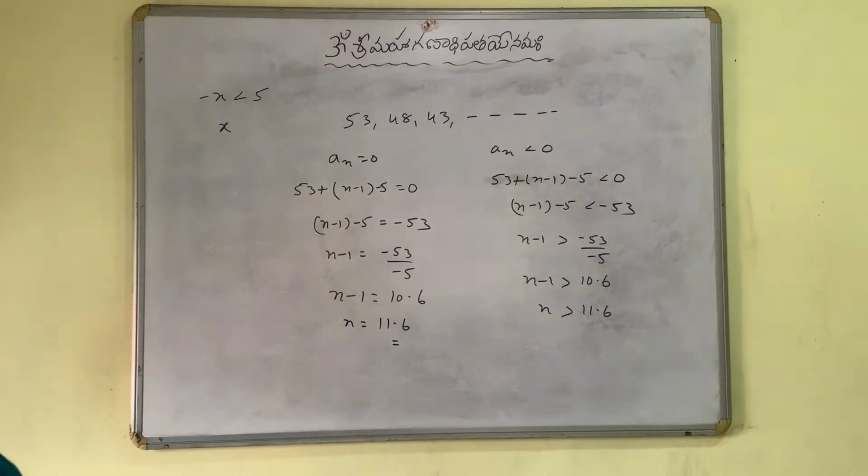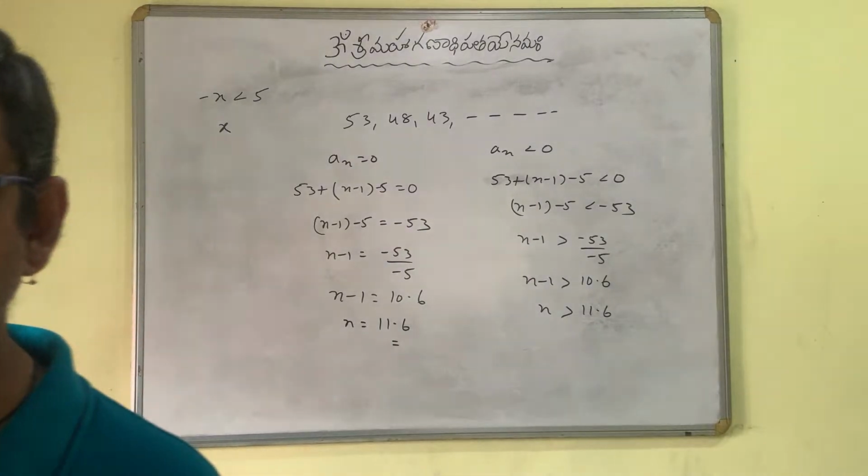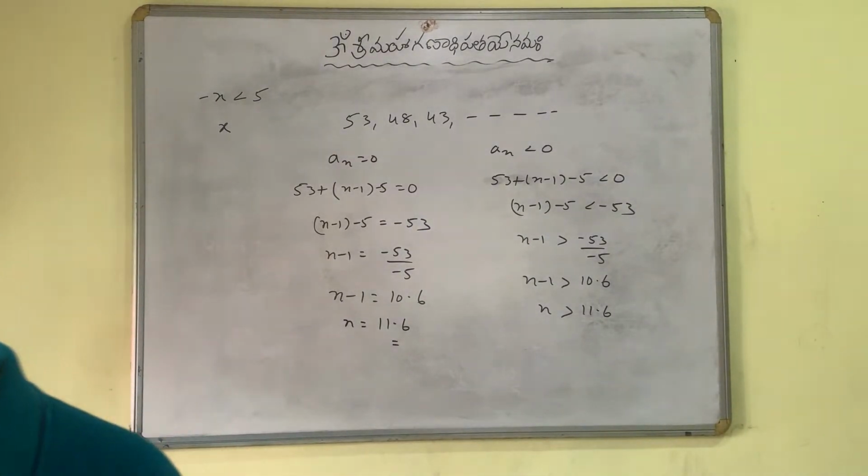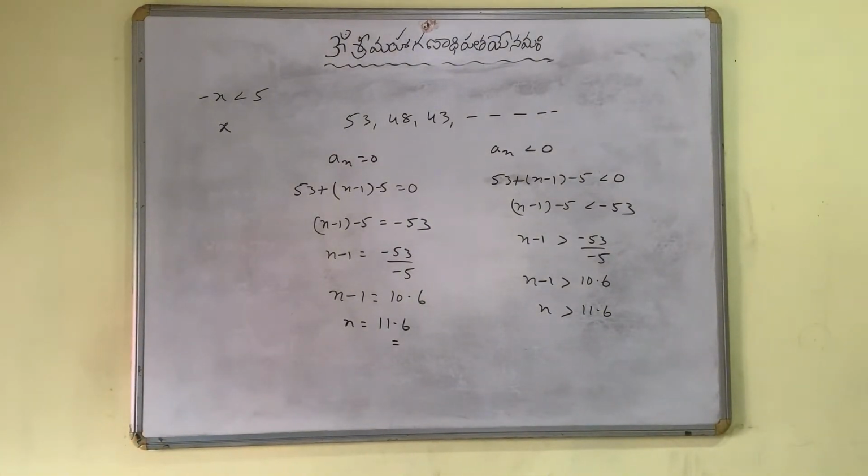Negative x is less than 5, then x is... x is equal to negative 5? Huh? You mean to say x is equal to negative 5?